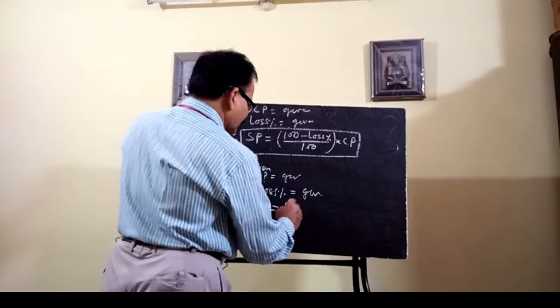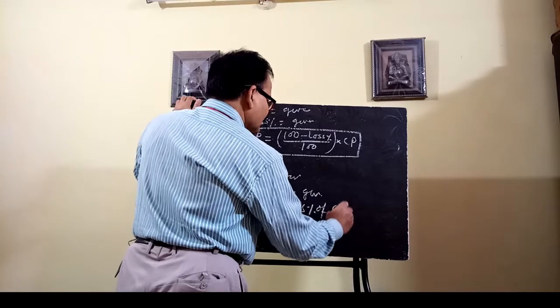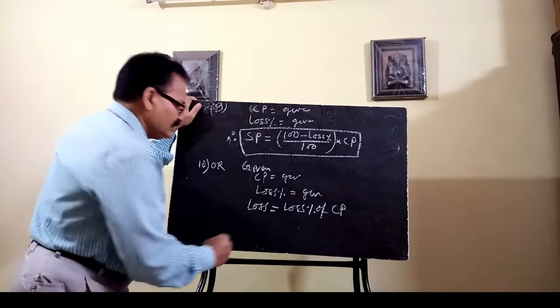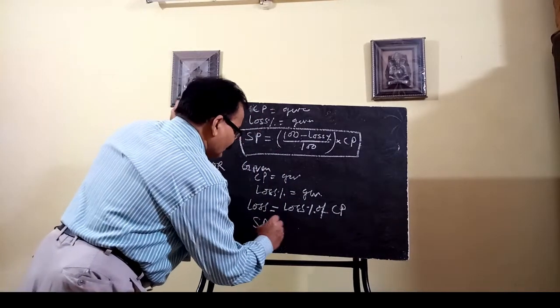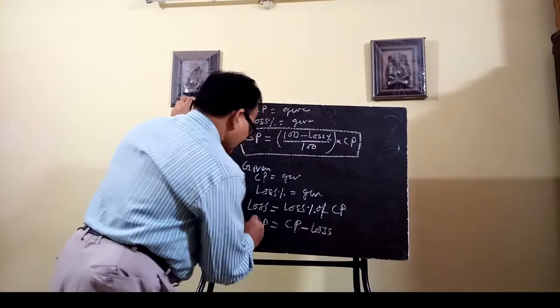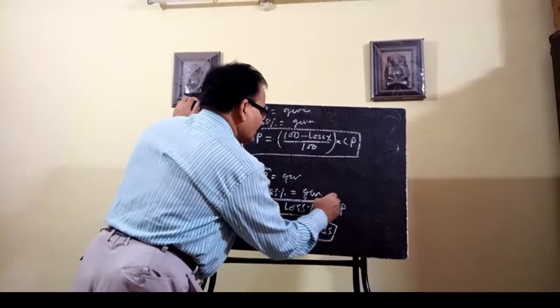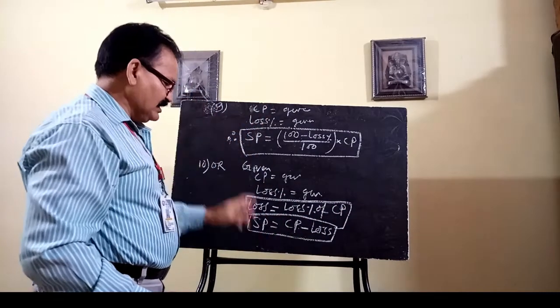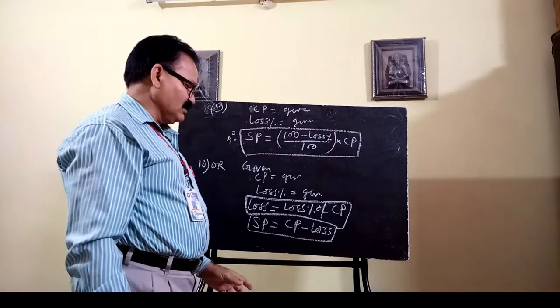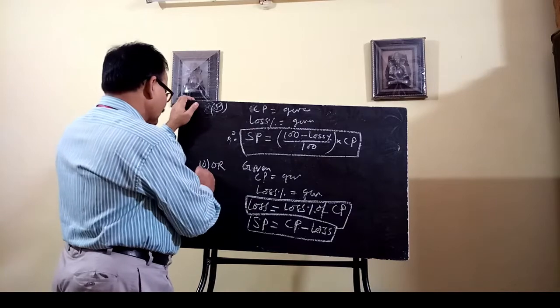Loss will be equal to loss percent of CP. You have got loss. Then SP will be equal to CP minus loss. After finding loss, you can calculate SP equals CP minus loss. This is the second method of formula 9.